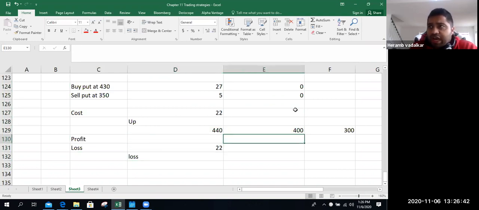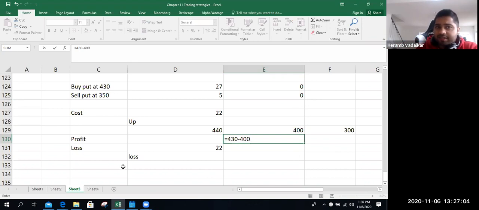Now stock goes down, but it is within my range. So it is within my range of 350 to 430. So my profit will be 430, my exercise price, minus my stock price. So 430 is my exercise price, the put price, and 400 is the stock price.